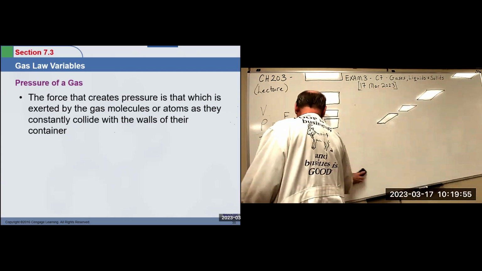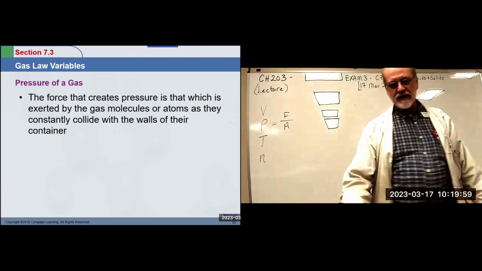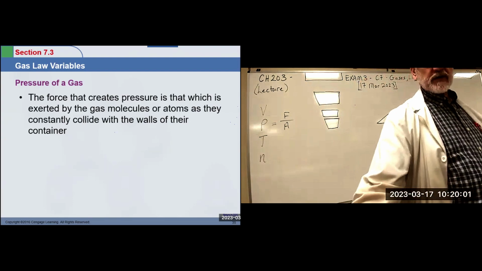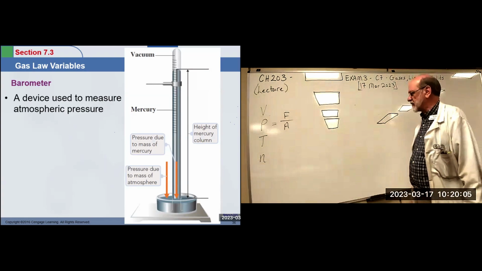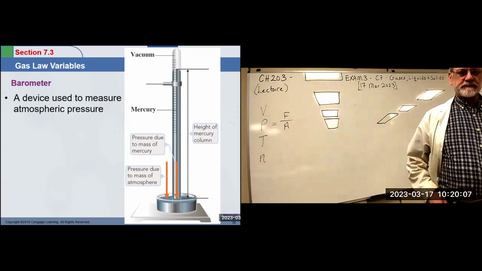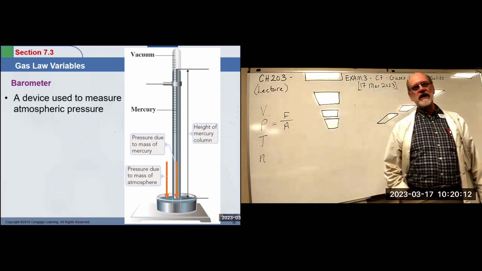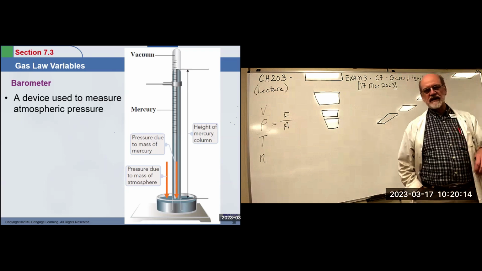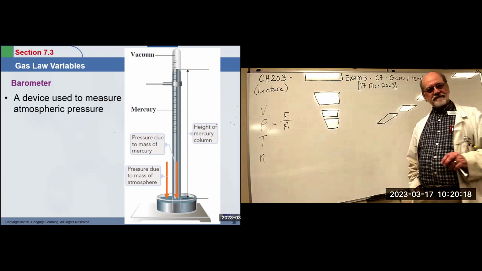All right. So those are different ways that we can express the pressure of a gas. The millimeters of mercury are based upon the barometer. I think his first name was Evangelista Torricelli, an Italian during the Renaissance.